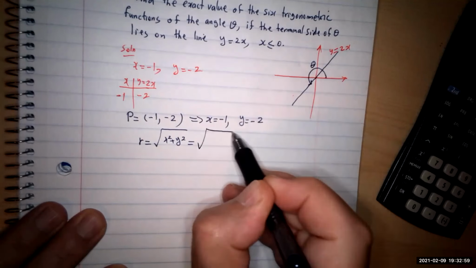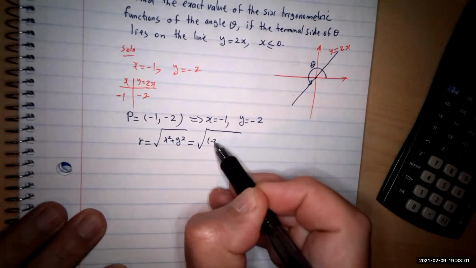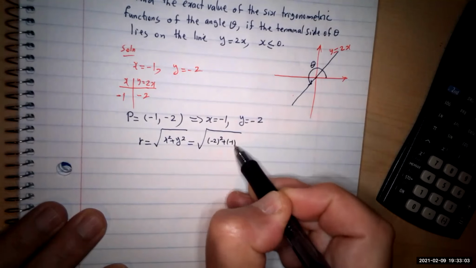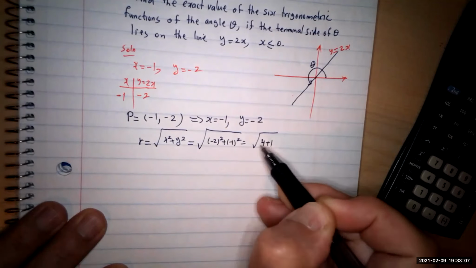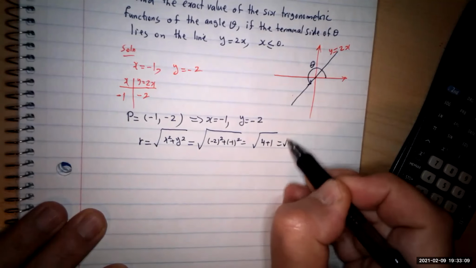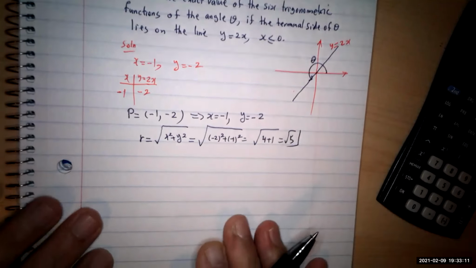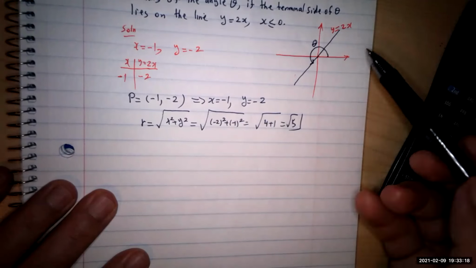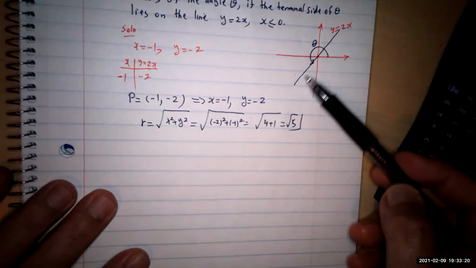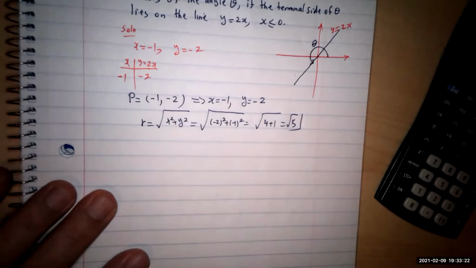So that gives us (-2) squared plus (-1) squared, which makes 4 plus 1, which is going to be radical 5. Now we are ready. Any question? So the difference is that the point P must be on this line. So you pick the point that corresponds to that line.